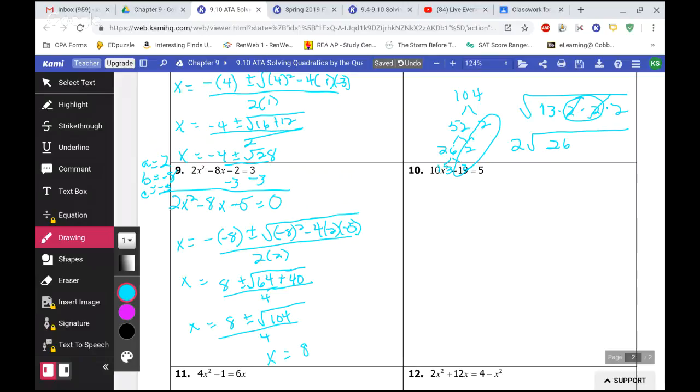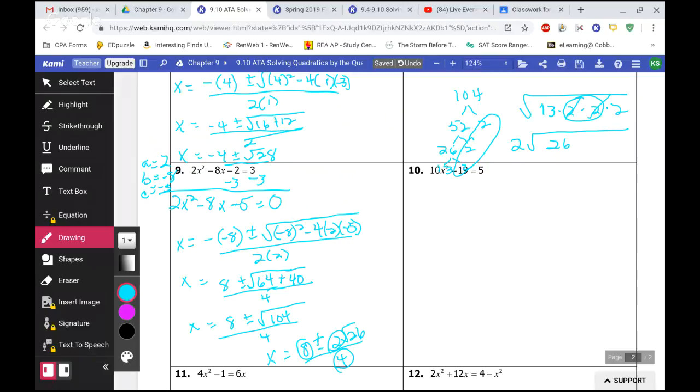So x equals 8 plus or minus 2 times √26 all over 4. Now 2 goes into 8, 2, and 4. So that reduces. You don't want to do 8 divided by 4. We'll just do 2 into both.